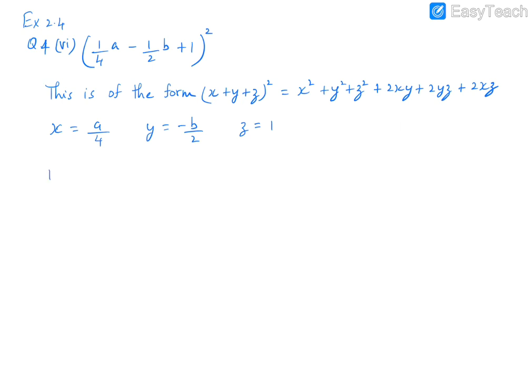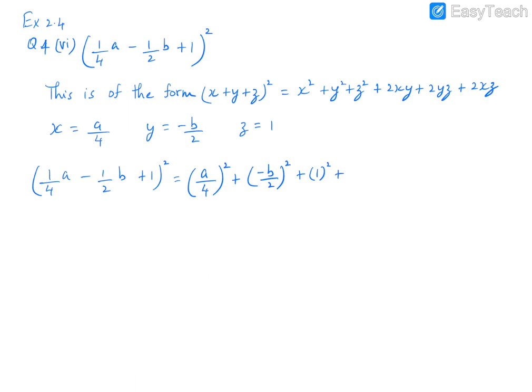So we can write 1 by 4 times a minus 1 by 2 times b plus 1 the whole square, as on the right hand side we have x square, so x is a by 4, so we can write a over 4 square, plus y square, y is minus b by 2, so we write minus b by 2 the whole square, and z is 1, so it's plus 1 square.